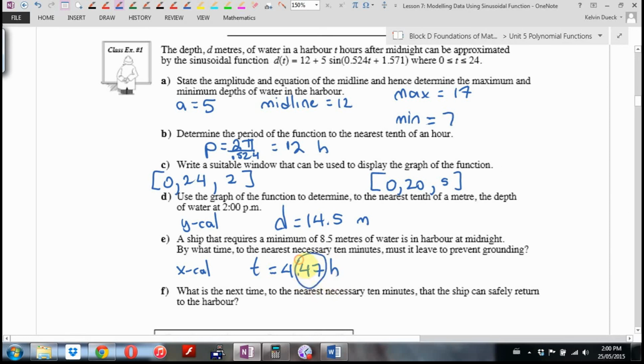How do I change that to minutes? How would I change 0.5 hours? Half an hour, how many minutes? 30 minutes. How could I change a 0.5 into a 30? 1 hour, how many minutes? How could I change a 1 into a 60?